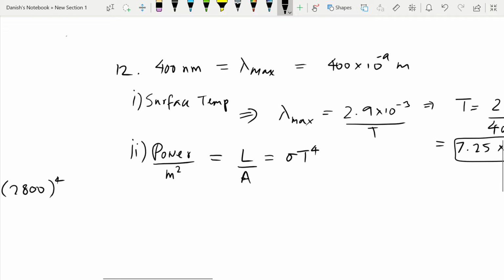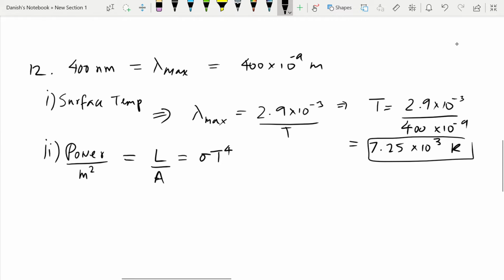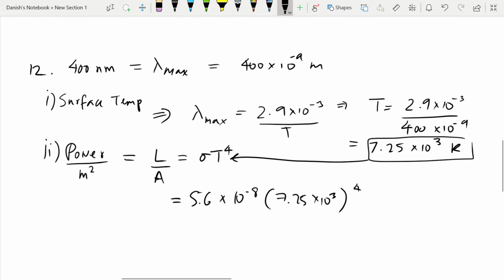And that's easy. We just calculated the temperature right here. So what we'll get is 5.6, which is the Stefan-Boltzmann constant, times 10 to the negative 8, times 7.25 times 10 to the third, to the fourth power.